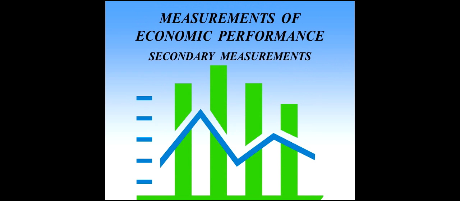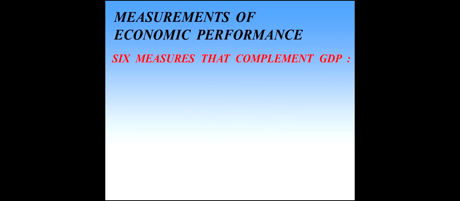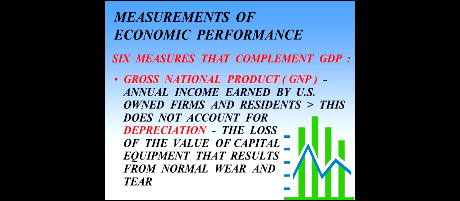The next thing that we'll do in this chapter is to consider some secondary measurements of economic performance, which are really complementary measurements to the ones that we've looked at so far, particularly GDP. So let's take a look at these. There are actually 6 measures that complement gross domestic product. Here's the first. It's called gross national product, or GNP.